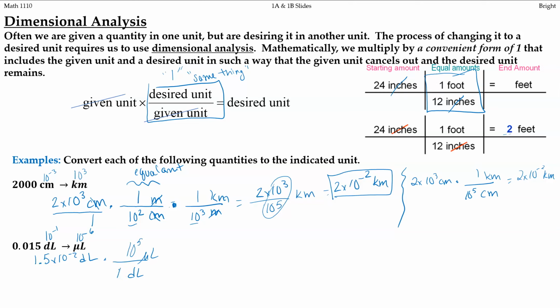Either way, your call. But anyway, carrying through here, multiplying across, and you can always insert a 1 in the denominator if that helps you. Multiplying across, I get 1.5 times 10 to the positive 3 microliters.